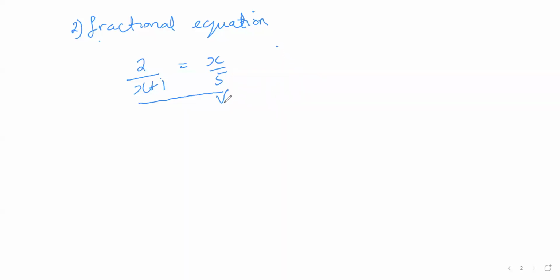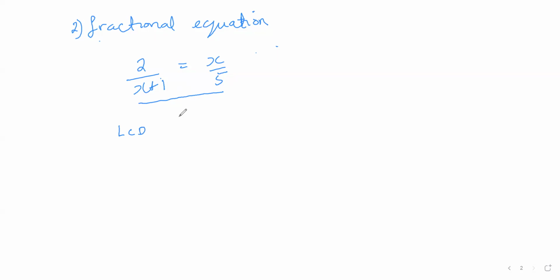So in order to solve a fractional equation, how do we solve fractional equations? The easiest way is to try and eliminate all denominators, by first finding the LCD. We saw this in our last video, in the last section, lowest common denominator.